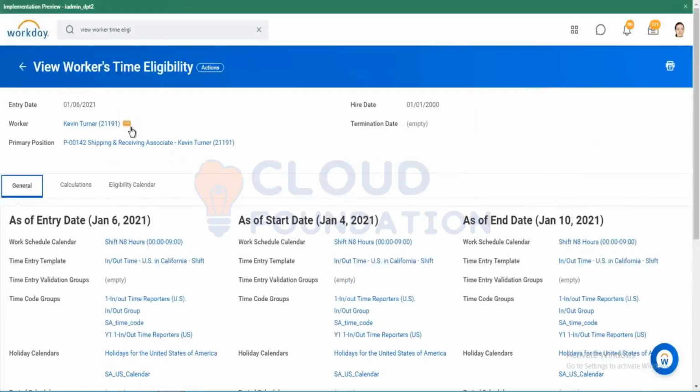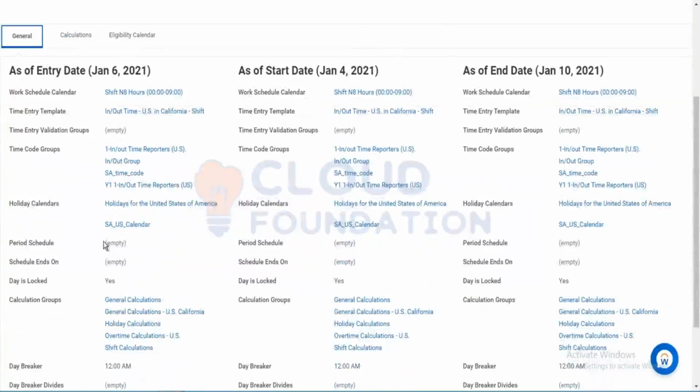So let's make him eligible for any of the period schedules.